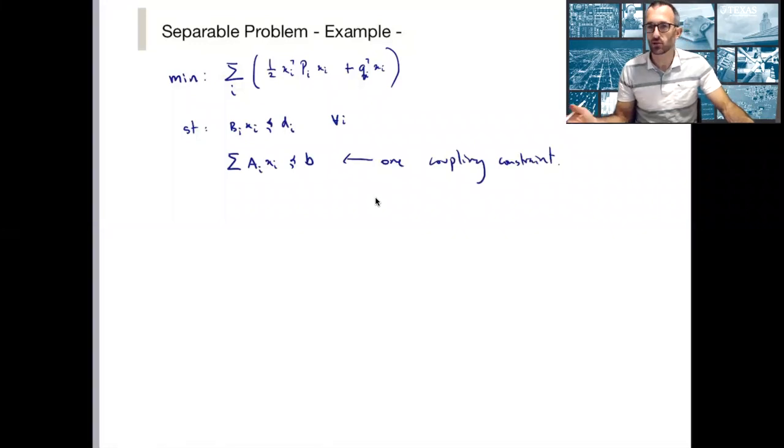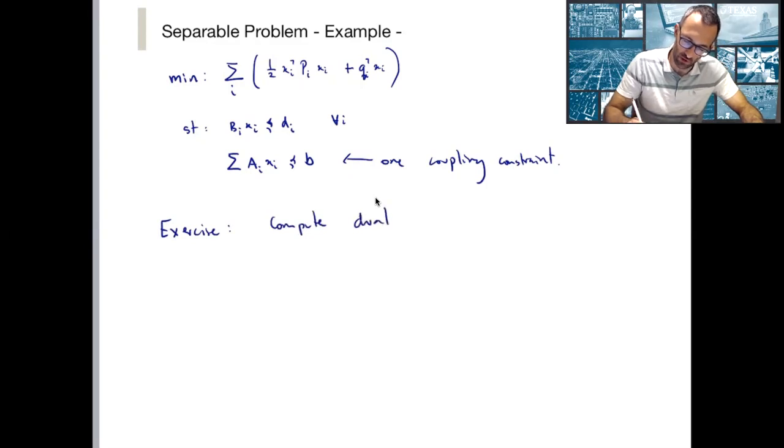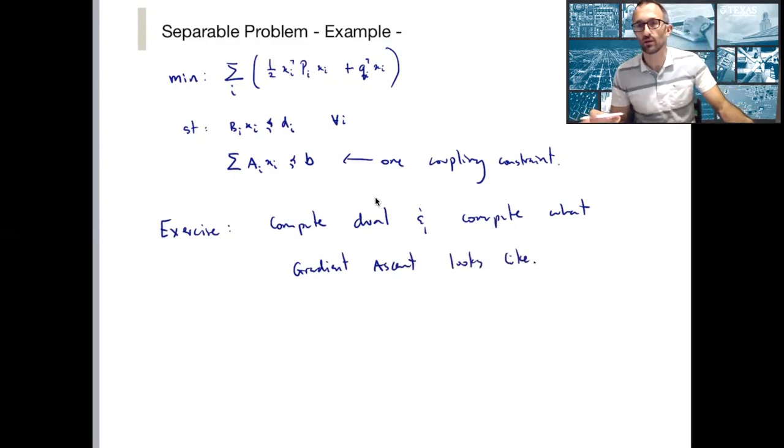And I'll leave this as an exercise for you to go through. Compute the dual and compute what gradient ascent looks like. And in this case, in fact, you can do it explicitly because we know what these are going to be, just quadratics.